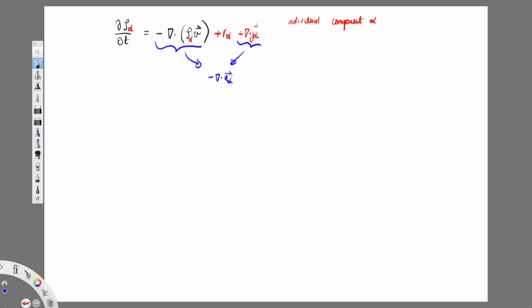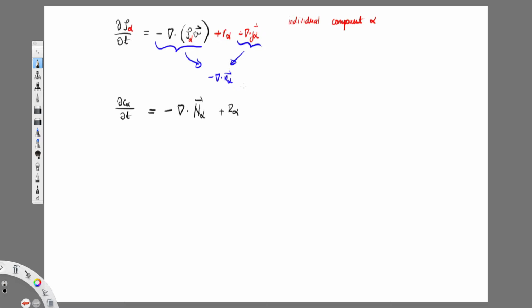So now I will have a similar equation if I'm looking at the molar quantities. So my molar quantities will give me something like this: partial C alpha partial t is equal to the equivalent version of this, minus divergence of N alpha, with uppercase N now, plus R alpha.